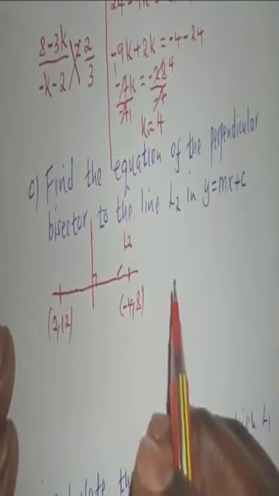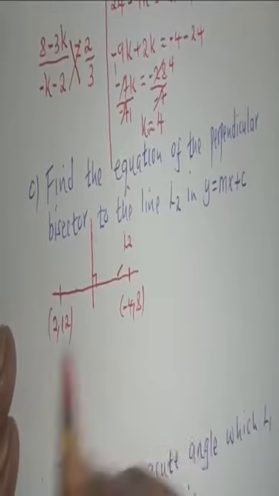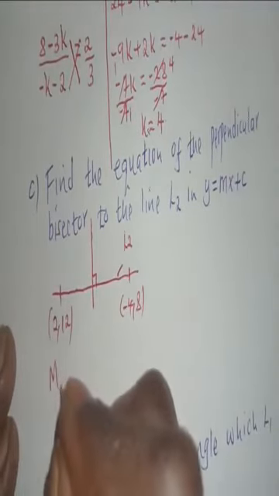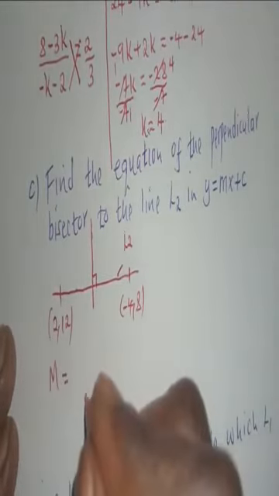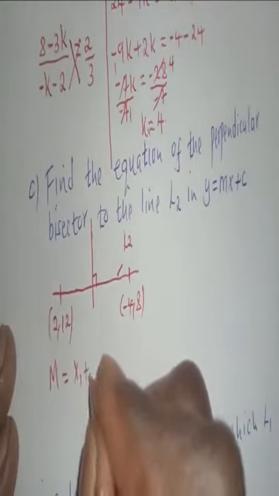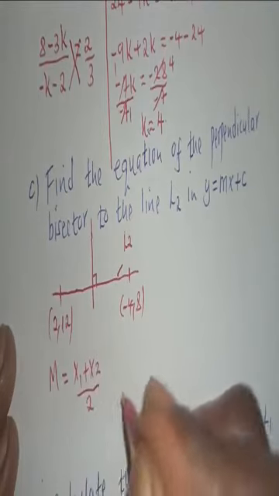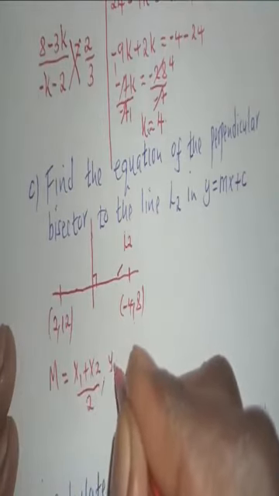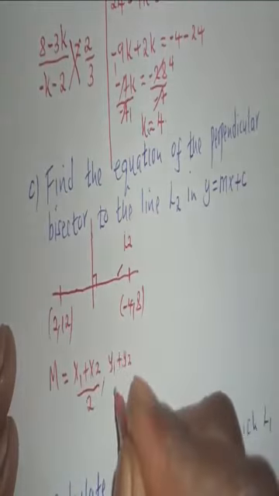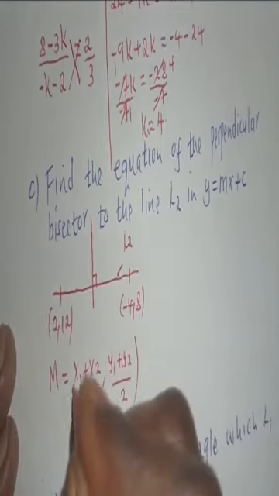So now we find the midpoint first. We know that the midpoint is given by x1 plus x2 over 2, comma y1 plus y2 over 2.